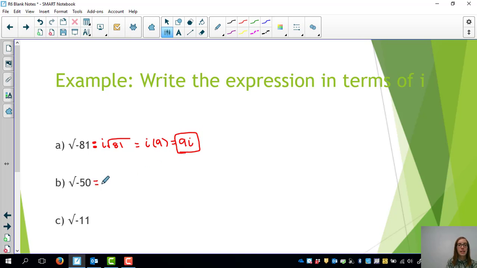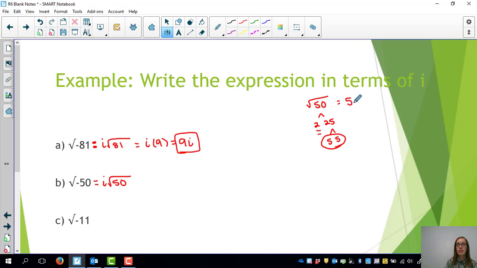Square root of -50. Again, we need to take out an i because we have a negative under the radical. And then we're left with square root of 50. We can see if we can simplify square root of 50. 50 is equal to 2 times 25. 25 is equal to 5 times 5. So we do have a pair of 5s and a 2 left over.